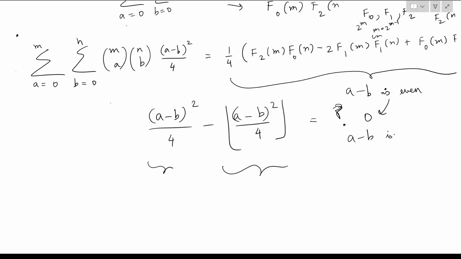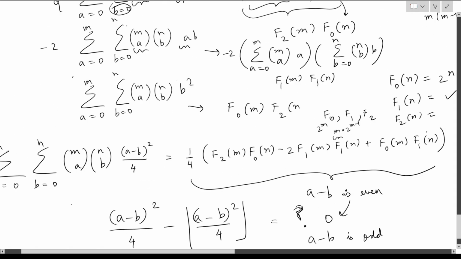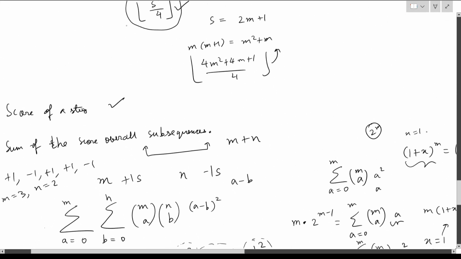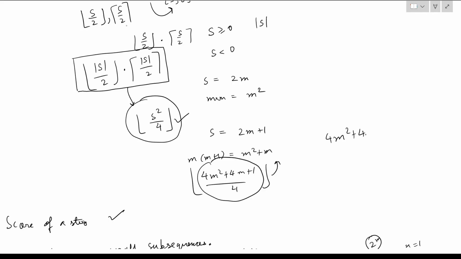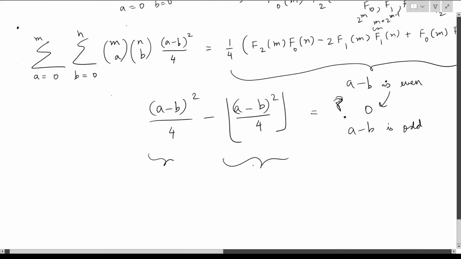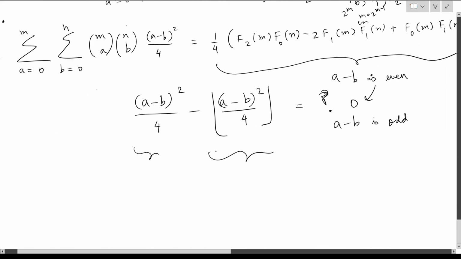But if a minus b is odd, and if you remember, earlier we had this as the actual value, whereas we wanted 4m squared plus 4m by 4 in the actual sum. And so we're overcounting by this 1 by 4, which makes sense because we should be overcounting by a non-integer because this is an integer, whereas this is not always an integer.